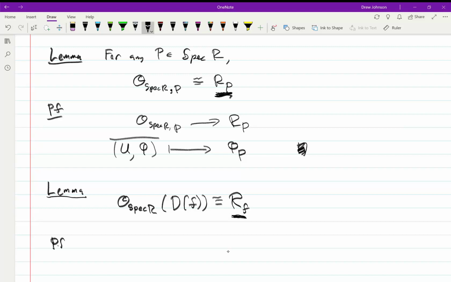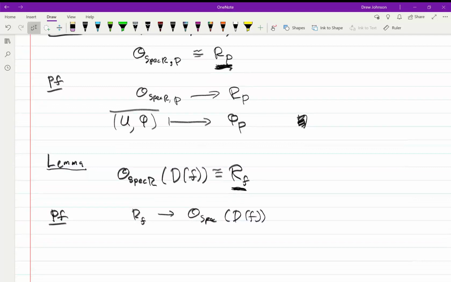So once again, I'm not going to give you the whole proof, but let me just tell you what the map is. So we can define a map from R_f into O_{Spec R}(D(f)). And what is it? Well, an element of R_f is something like g over f^r. And what can we map it to?